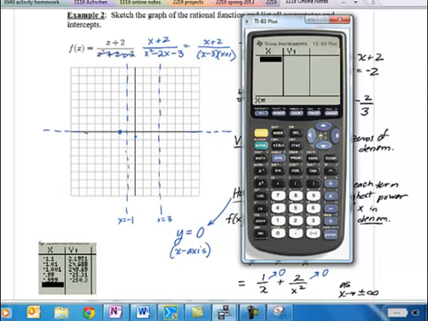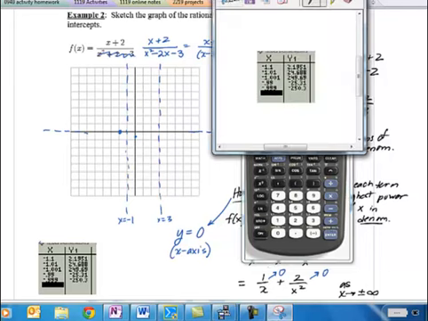So if I do, let's say, 2.9 and 2.99, and then 3.1 and 3.01, then let's take a copy of that.